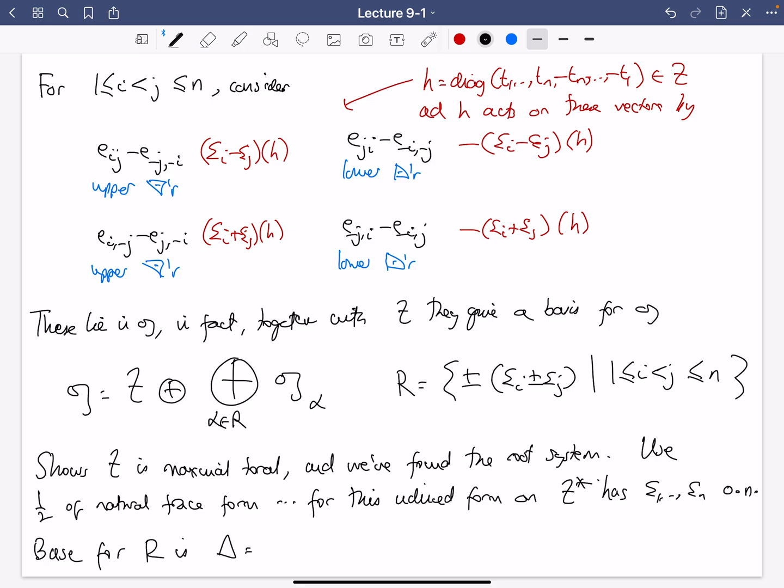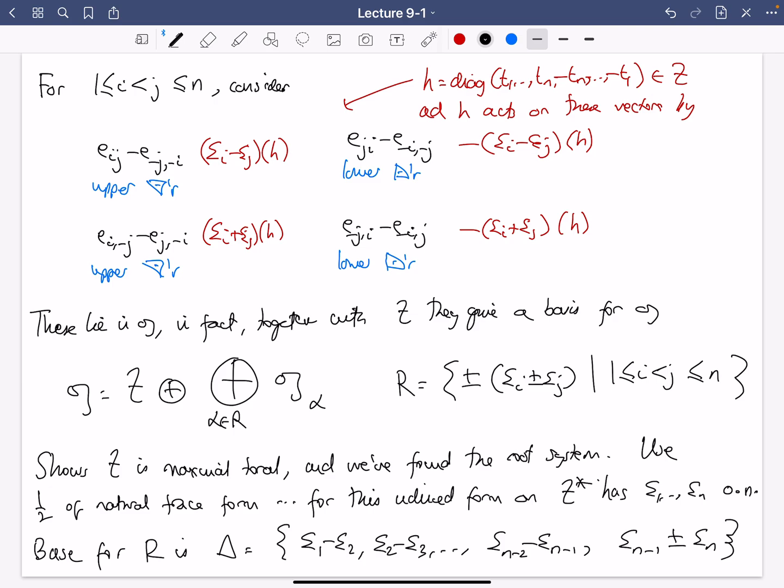And the standard choice of base is to take epsilon 1 minus epsilon 2, epsilon 2 minus epsilon 3, all the way down to epsilon n minus 2 minus epsilon n minus 1. And then epsilon n minus 1 plus or minus epsilon n. So there's two guys at the end there.